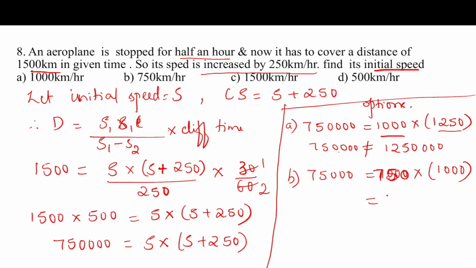So it is 750 into 1000, which is 75 and these 4 zeros, which is equal to this, isn't it? So option B itself is the answer, that is 750 kilometer per hour. So the initial speed was how much? 750 kilometer per hour. Okay, so this is the answer. So we'll go to the next problem.